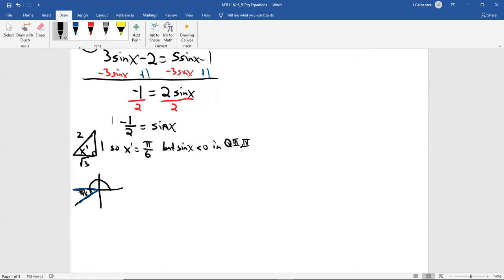Now, if you're thinking in degrees, this is 30 degrees, it would be 180 plus 30 degrees, but it's in radians. 180 is pi, so that says our first solution, which I'll call x sub 1, would be pi plus pi over 6, which is 6 pi over 6 plus pi over 6, just getting an LCD, which is 7 pi over 6. So that is our first solution.